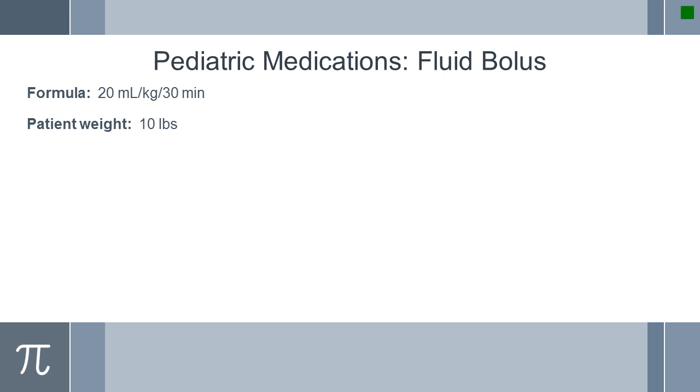We need it in mils per hour because we're going to put it on a pump. So we have 60 minutes in an hour. So now my minutes canceled, my kilograms, my pounds. I have mils per hour left. So now all I have to do is multiply. I can take out zeros if I want to.